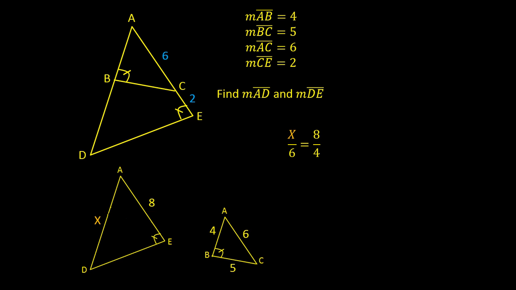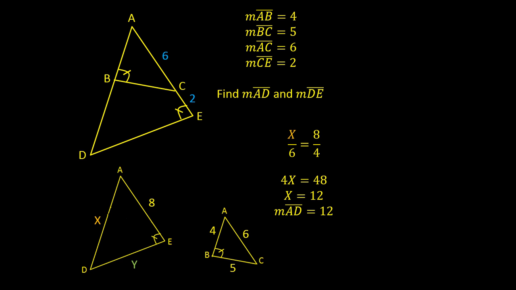And the side that's opposite that same angle measure in the small triangle is the one that measures 6. So X and 6 are proportional. In the large triangle, the side that measures 8 corresponds to the side that measures 4 in the small triangle. Now if we cross multiply and solve, we've got the length of side AD, which we called X.